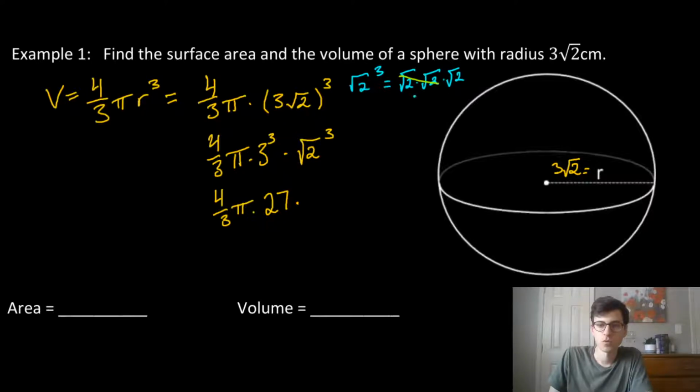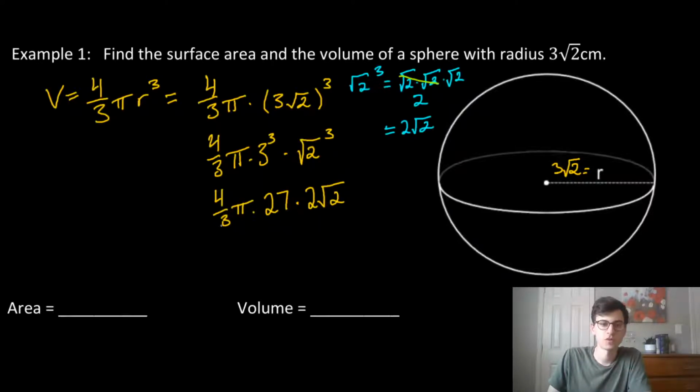Square root of 2 times the square root of 2 is 2. And 2 times the square root of 2 is just 2 square root of 2. So then, the square root of 2 cubed is 2 root 2.